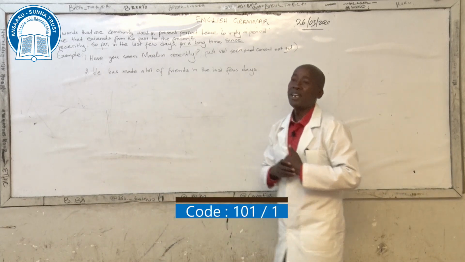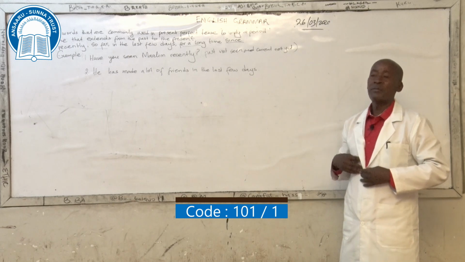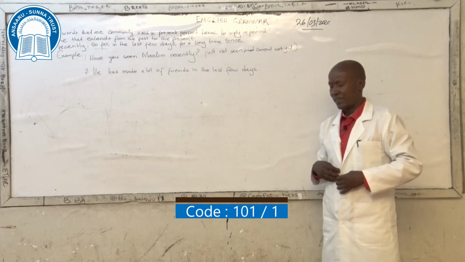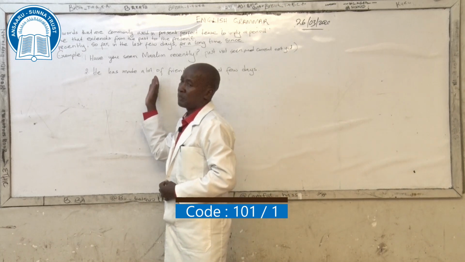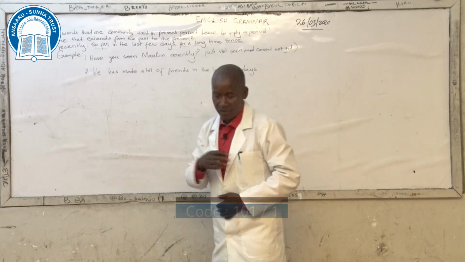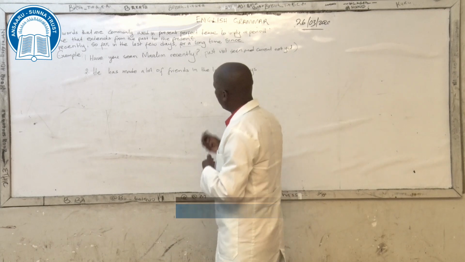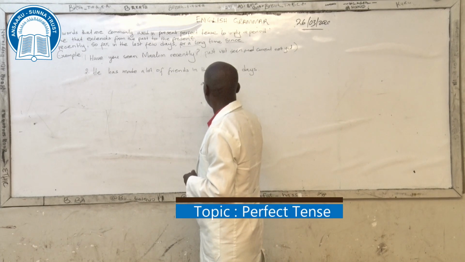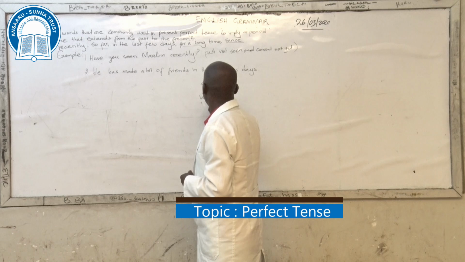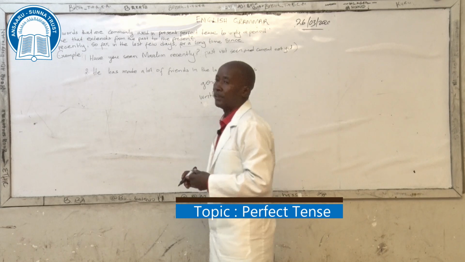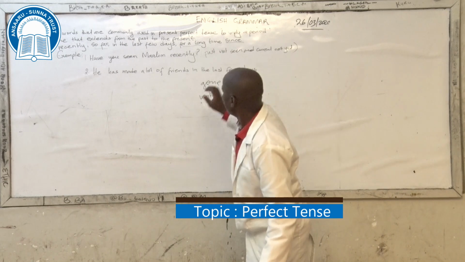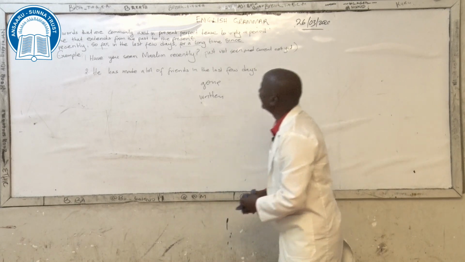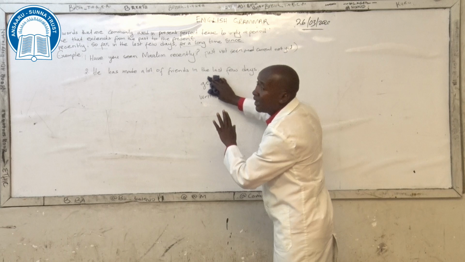And the main verb must be in its past participle form. Past participle forms, words like gone, written. That is what we call the past participle form of the verbs. These ones you did in Form 1.